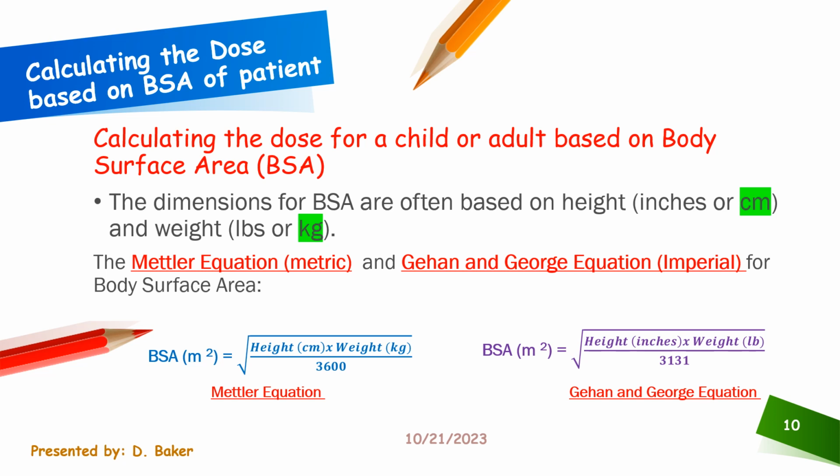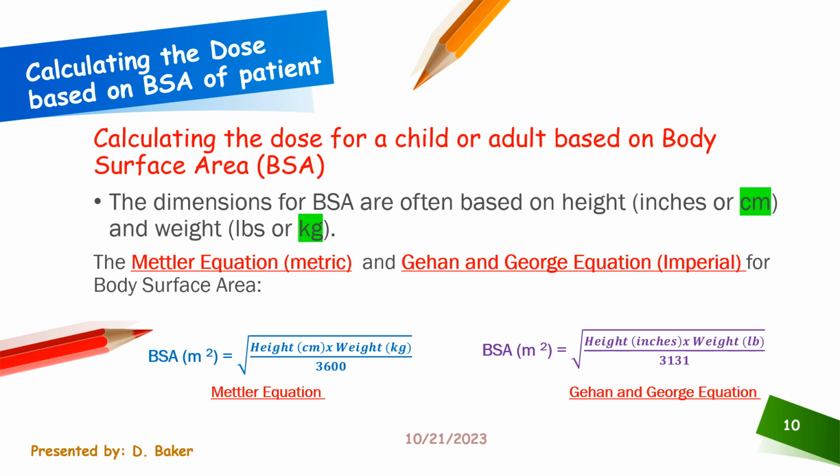Just a quick look at how to calculate the body surface area. You can use either of the two equations here. Just take note of the units of measurement in the two equations. The Mosteller equation is metric, so height is in centimeters and weight is in kilograms, and of course you have a constant of 3,600 in the denominator.